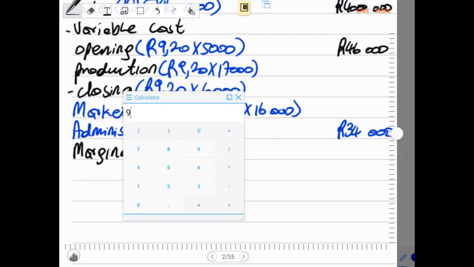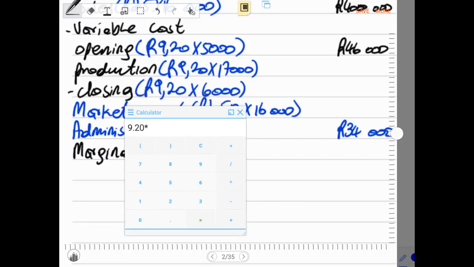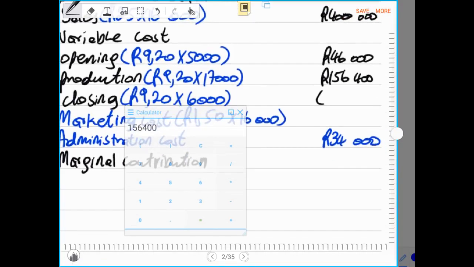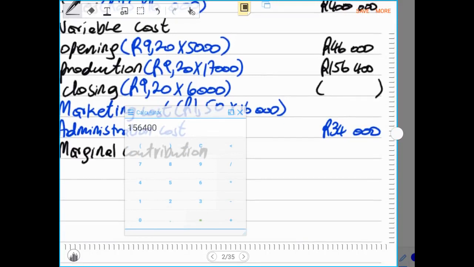Then we say 9 rand 20 cents multiplied by the production of 17,000, which gives us a total of 156,400 rands. This will be our production.